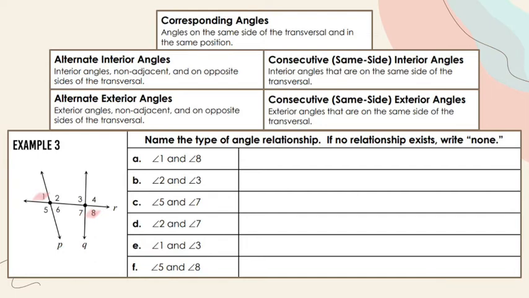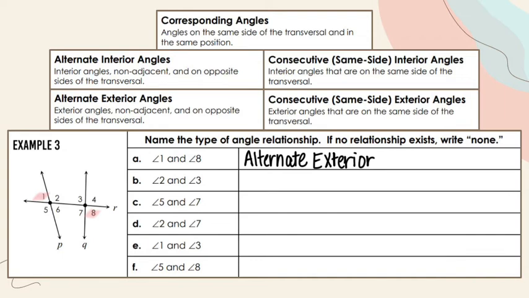Then we want to ask ourselves, are they alternate or consecutive? So are they on the same or the opposite sides? These are on opposite sides. So we are going to say alternate. We know that's the first part of our answer. Then we choose interior or exterior. So are they inside these two lines or outside? And they are outside those lines, so that is exterior.